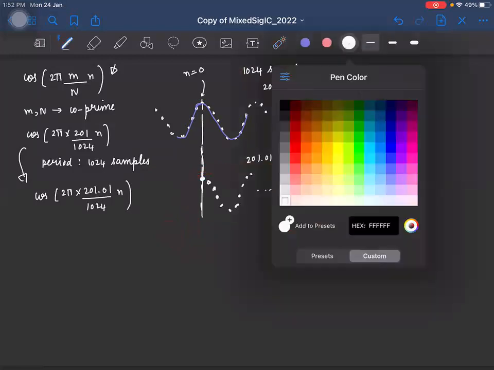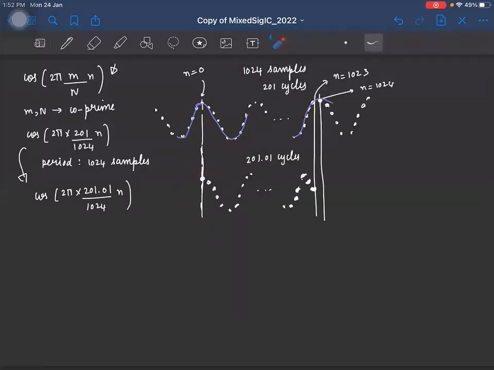The sample at this instant, 1024, will be the same as the sample at n equal to 0, so I form the periodic repetition like this. Similarly, the sample to the left of n equal to 0 will be the same as this sample, so I'll have something like this.